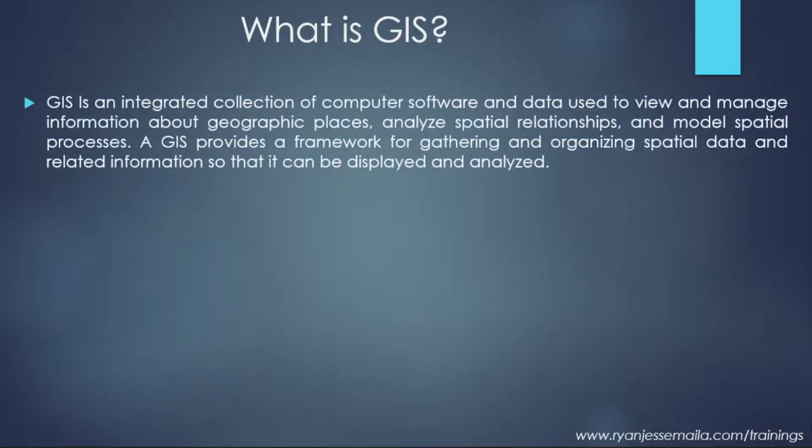Well, GIS is basically an integrated collection of computer software and data used to view and manage information about specific places, where you are able to analyze the relationship between those places, and you can also model a process that will give you results with respect to those places.